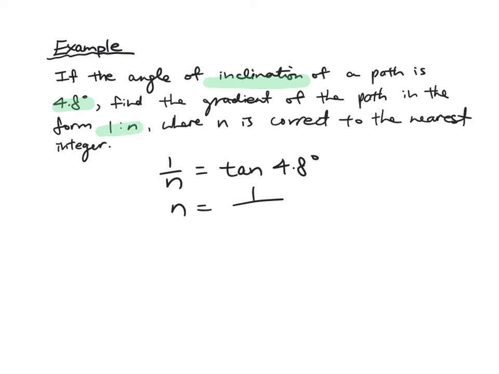After we rearrange the equation, we'll get this. n will equal 11.9087 and so on. So it's not a nice number, and then we will have to correct to the nearest integer, which means n should be 12.